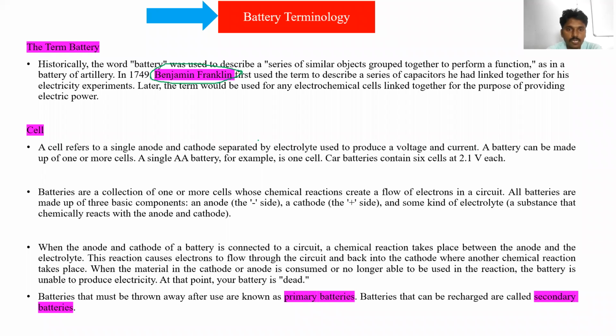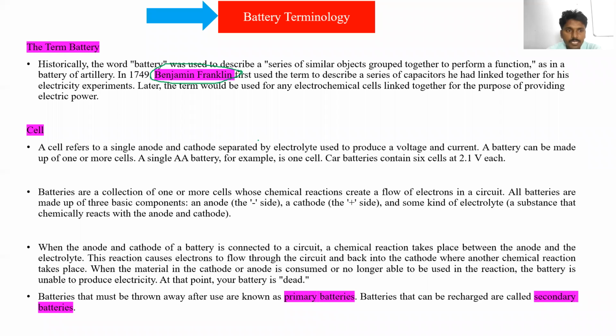These two electrodes, anode and cathode, are separated by some electrolyte, in order to produce voltage and current.